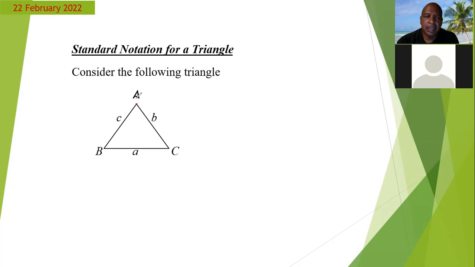So if you think of the vertex A, the vertex A is joined by two sides. It's joined by the side c and the side b.